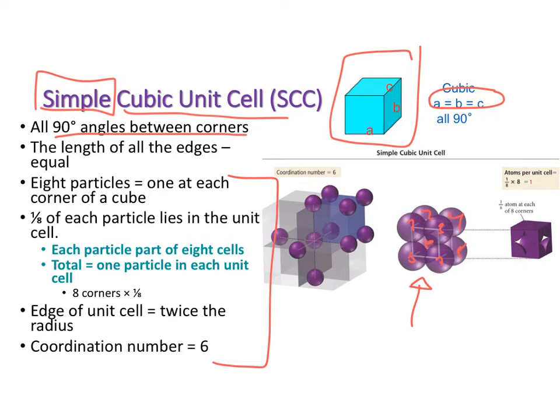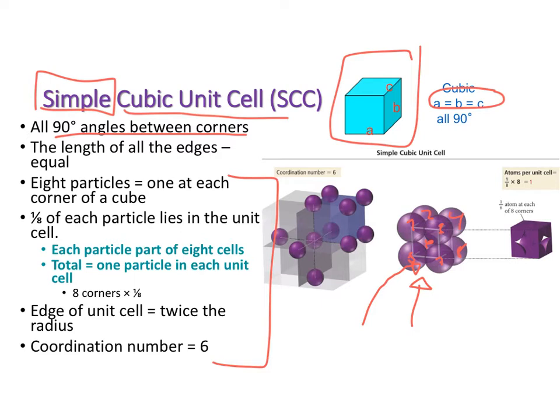Now, only 1/8 of each of them is actually within the unit cell. You can see how the outline of the unit cell is kind of inside, and that is because when we're looking at each unit cell, not the entire atom is actually within it. So only 1/8 of each of them.